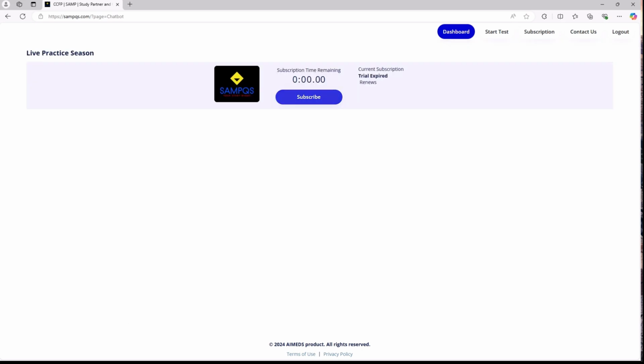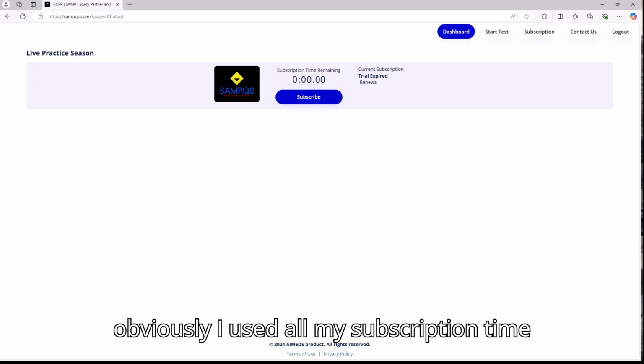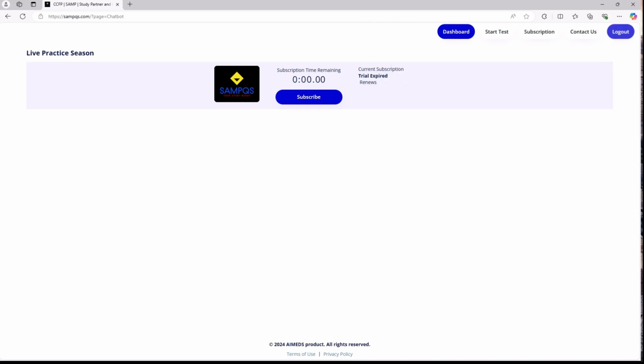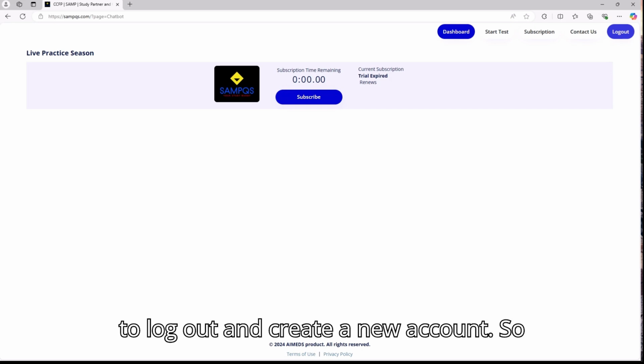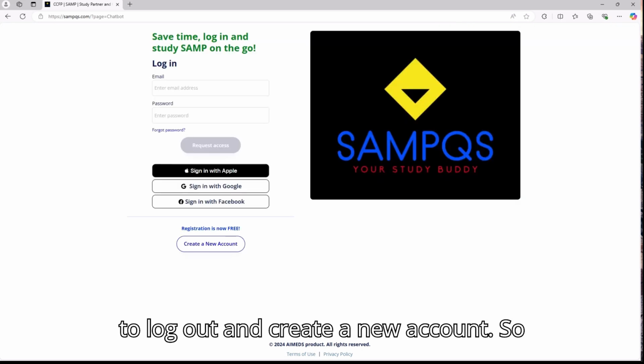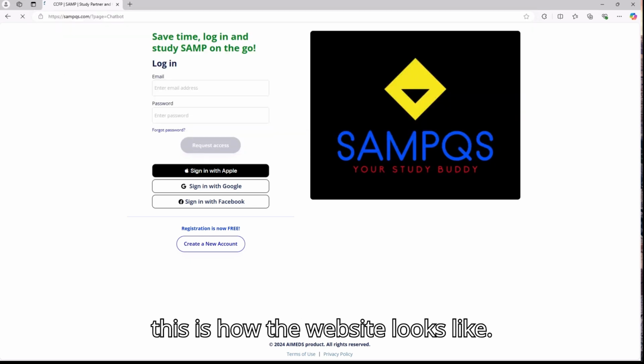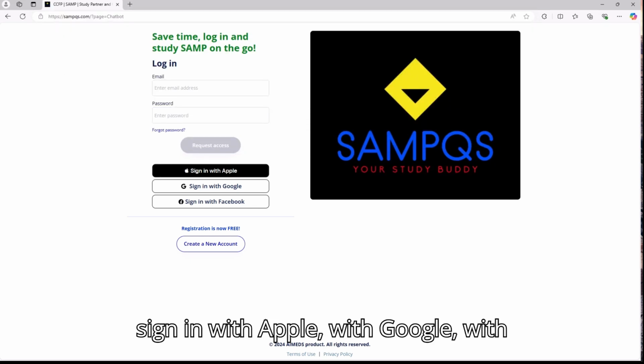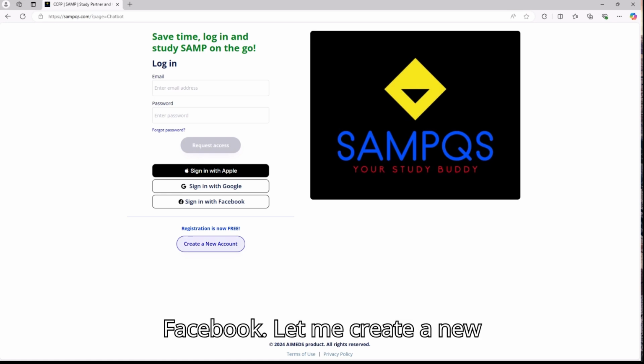When you click here, obviously I used all my subscription time and it's expired. But let's try to log out and create a new account. So this is how the website looks, and essentially you can sign in with Apple, with Google, with Facebook.